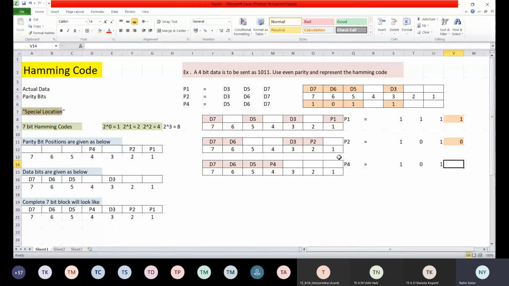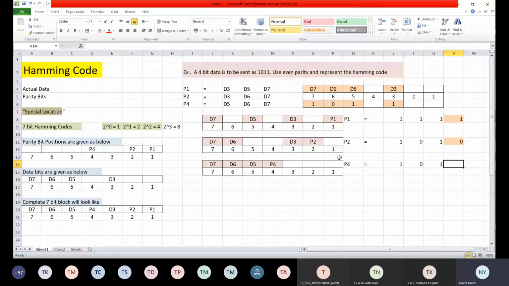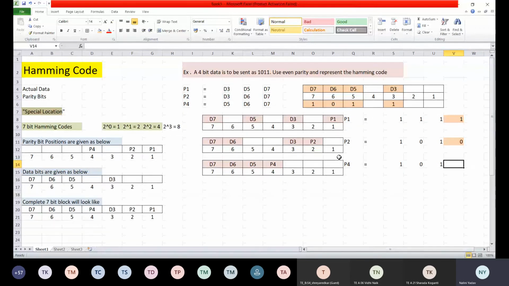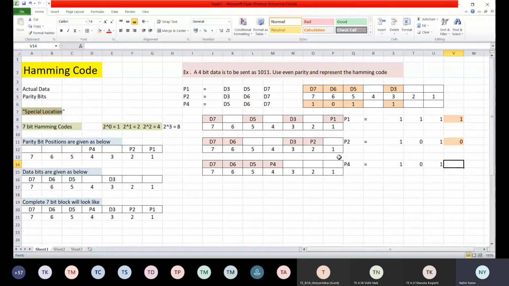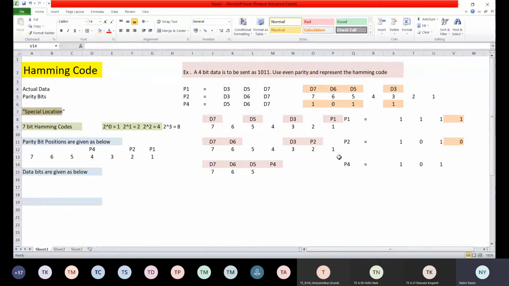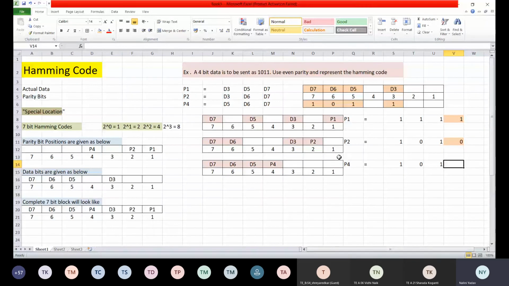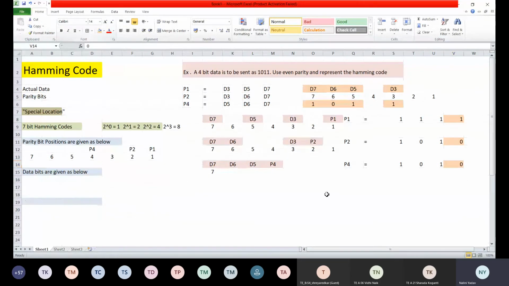Again, to calculate P4 as an even parity, we require an even number of ones, and there are already an even number of ones present for P4 because there are 2 ones, right? So what will be the answer for this? This will be again 0. We will be appending 0 for this.